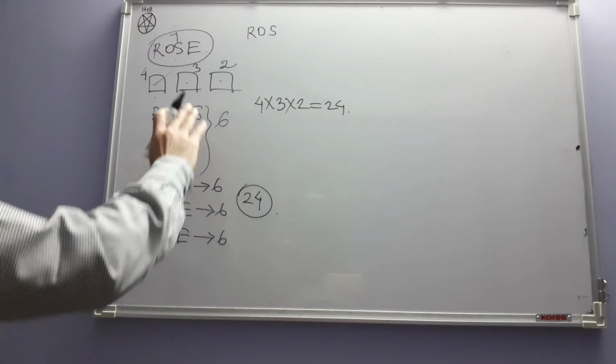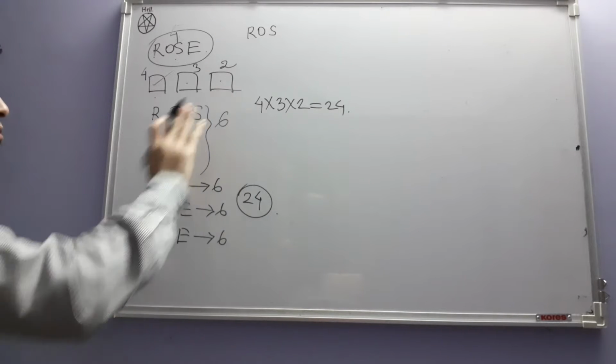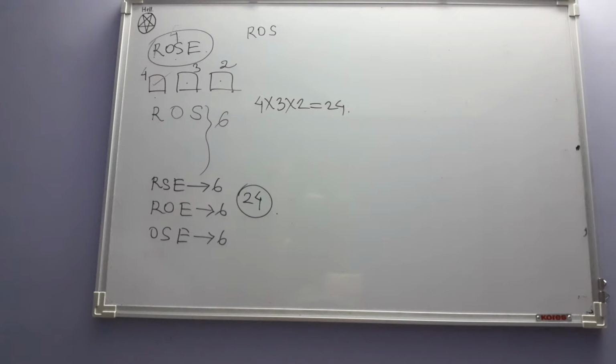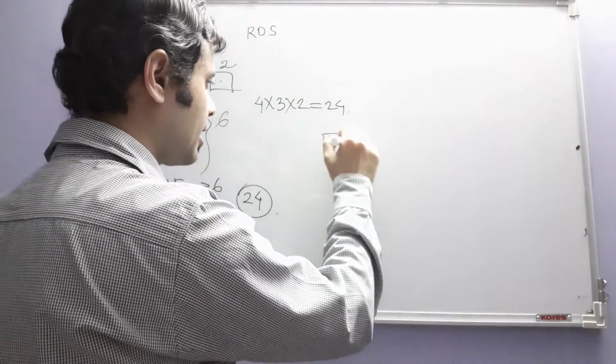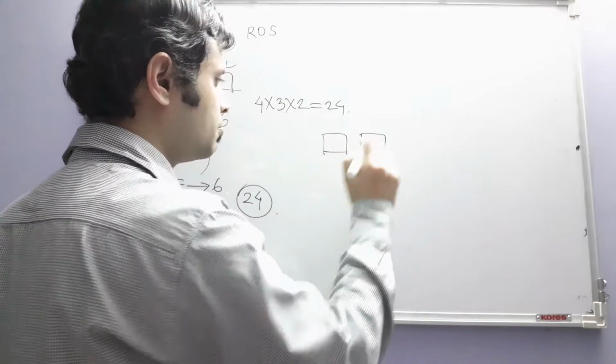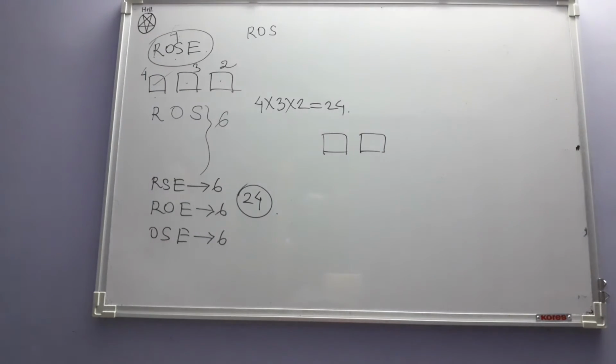But if I reduce the number of possible places, if instead of 3 places I now have 2, what will now happen?